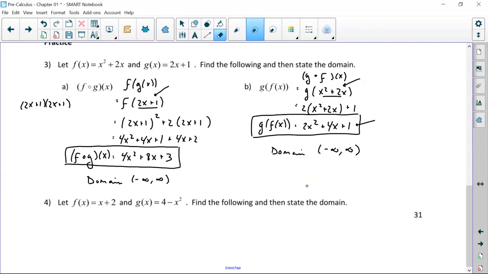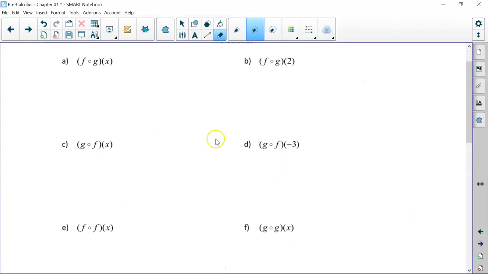Now, for the next set of problems, f of x is x plus 2, and g of x is 4 minus x squared. We're going to do the same thing as we did. So here's our old notation, f of g of x. I think this makes it a little bit easier to substitute in. So it's f of 4 minus x squared. So function f is x plus 2.